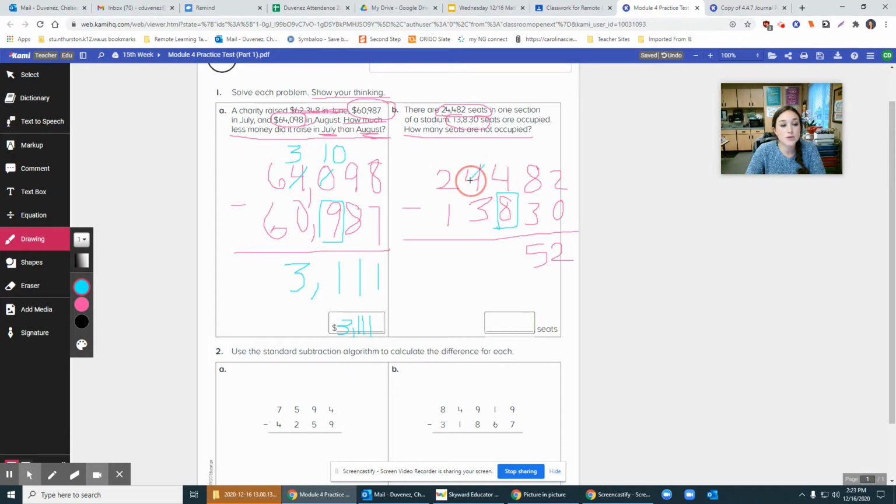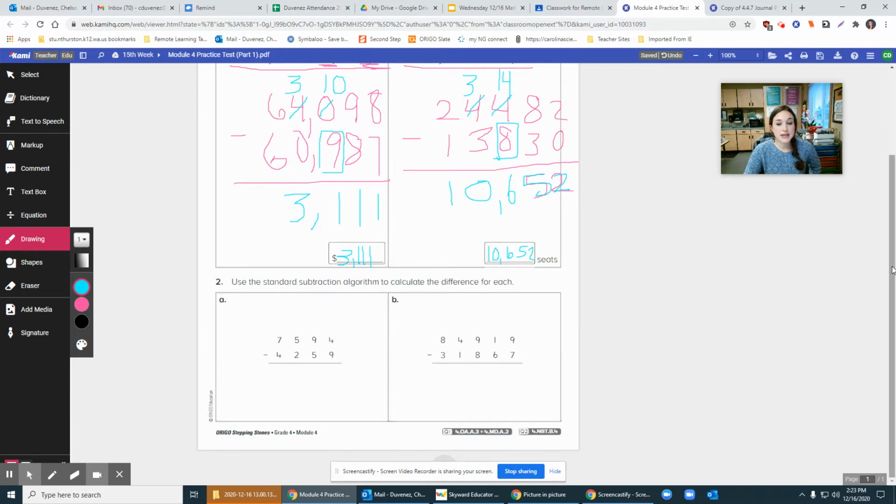Go next door. Regroup. Get 10 more. 10 plus 4 is 14. 14 minus 8 is 6. That's bothering me. They're different colors. 3 minus 3 is 0. 2 minus 1 is 1. So you should have got 10,652 seats are not occupied.